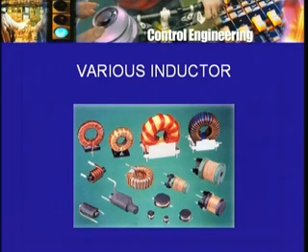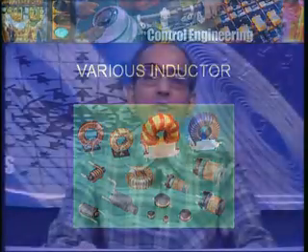Here are a few examples of inductors of various sizes and shapes, and of course various values of inductance. One can have a small inductance value like a few millihenries, or one can have a much bigger inductor or coil with an inductance of a few henries. Just as you can have resistors with a few ohms resistance or resistors with megohms of resistance.